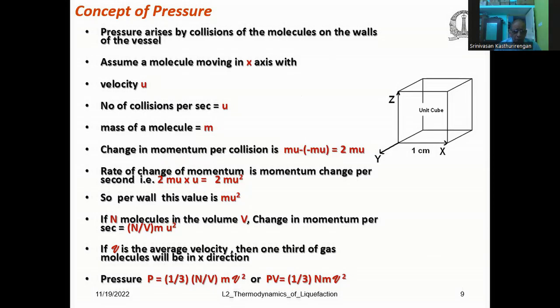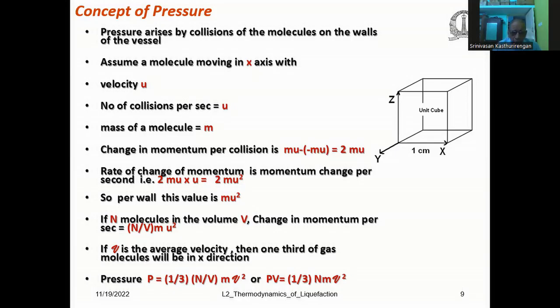Let's try to derive an expression for pressure based on this kinetic theory. Pressure is caused by the collisions of molecules on the surface of a container. Now, to arrive at an expression for the pressure, let us consider a unit cube, that is 1 centimeter by 1 centimeter by 1 centimeter.